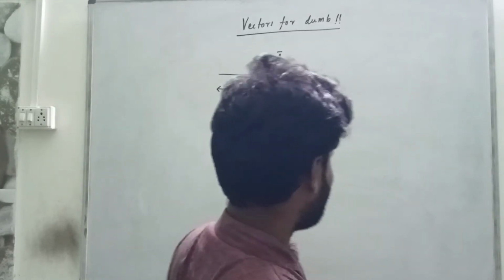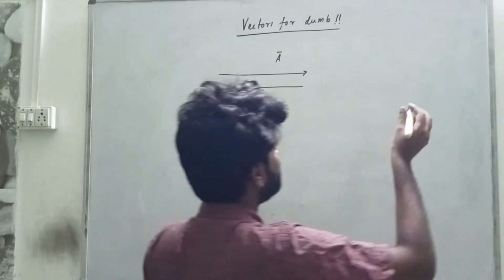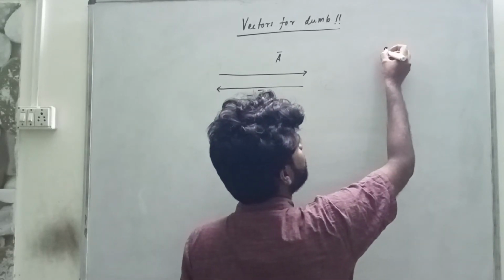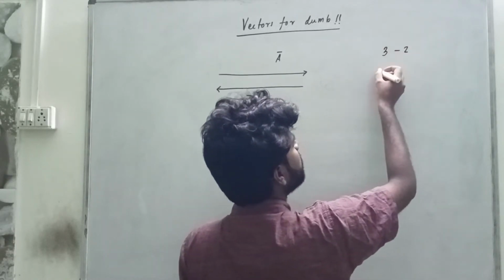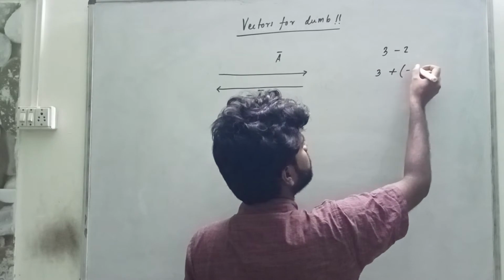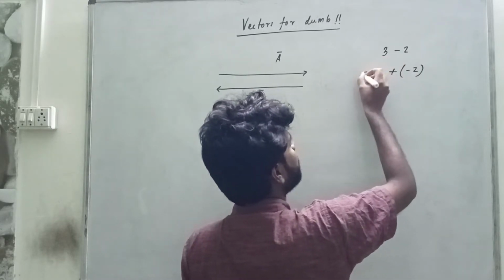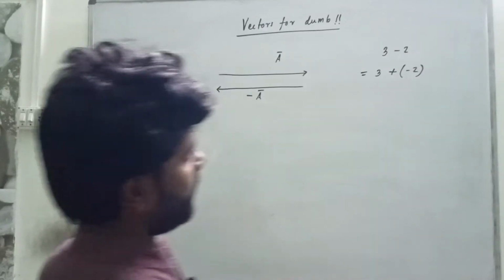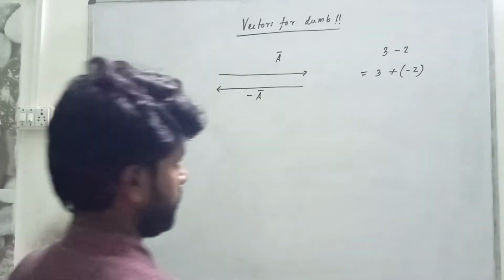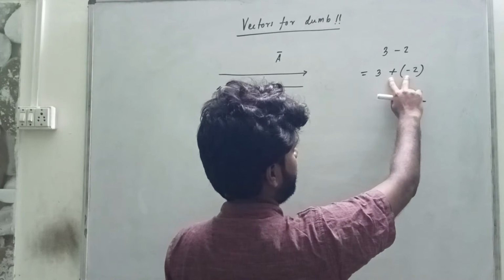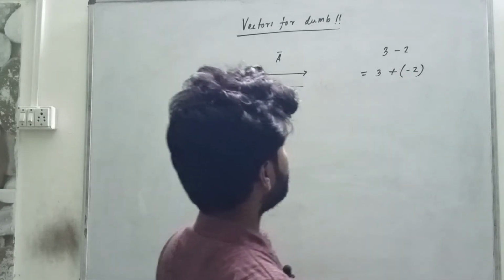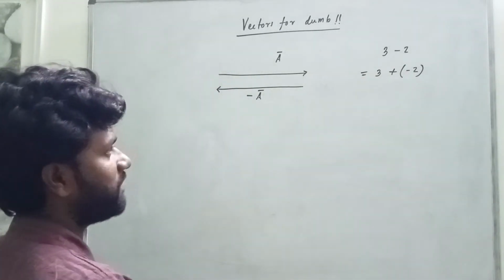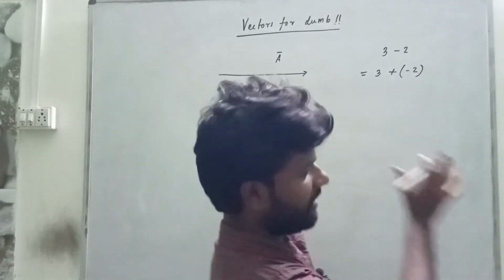And all of you know this: 3 minus 2 means 3 plus minus 2, just the same, right? Because in the bracket, plus minus is just a minus sign, so 3 minus 2 means 3 plus minus 2, just a number here.